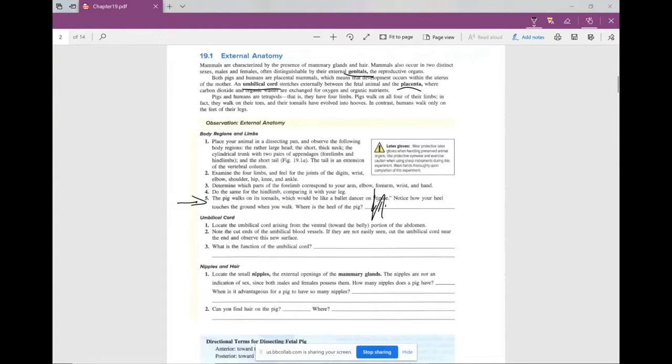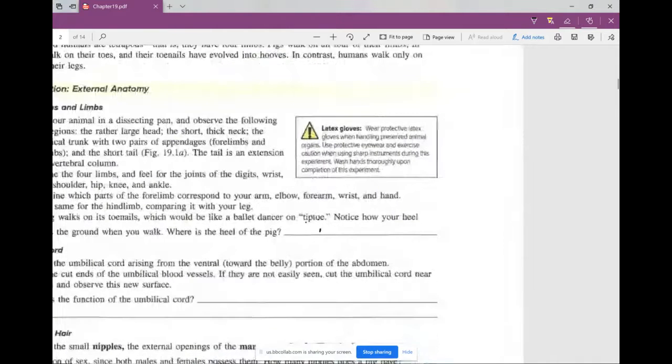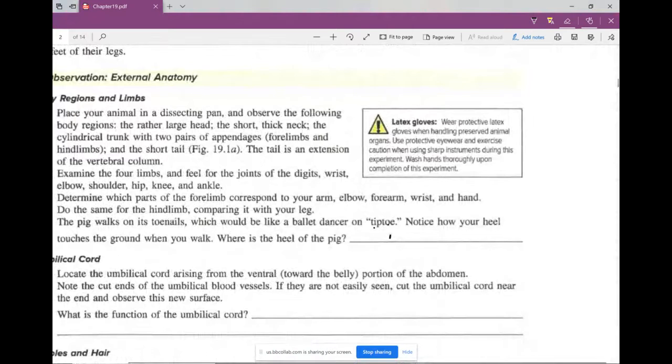I would say high above the ground. Right. I showed you that picture where I pointed out the heel for you guys.